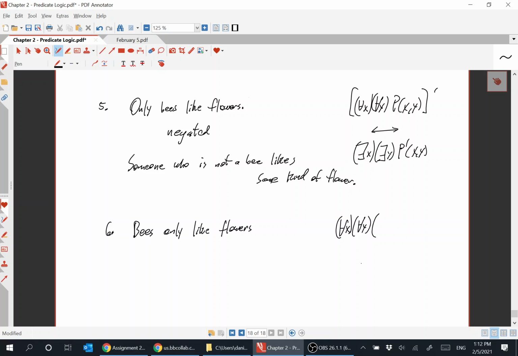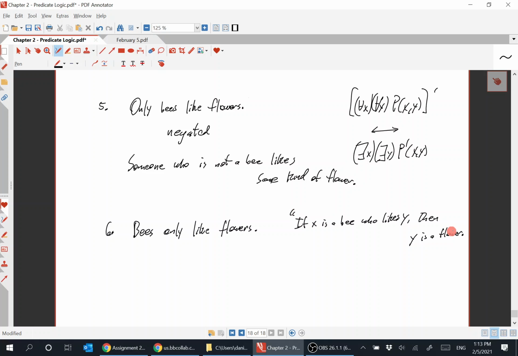Bees only like flowers: if it's a bee and the bee likes this thing, that thing is a flower. If you say it as an if-then statement, if x is a bee who likes y, then y is a flower.